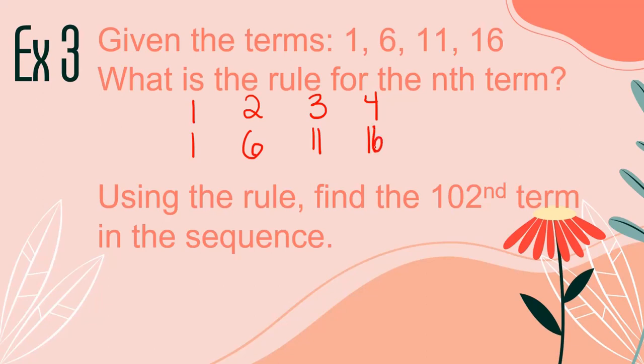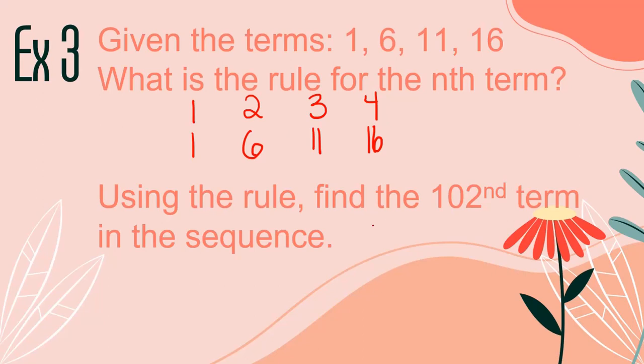So now here's what I want to do. I want to know if I plug in a 1, I need to get a 1. If I plug in a 2, I get 6. That's kind of different. So maybe I'm multiplying by 3 somehow, right? Because that could get me a 6. But 3 times 3 is 9. That wouldn't work. If I plug in 1, I need to get a 1.